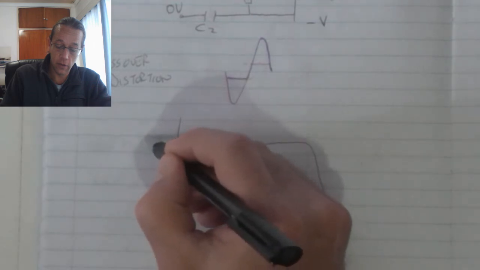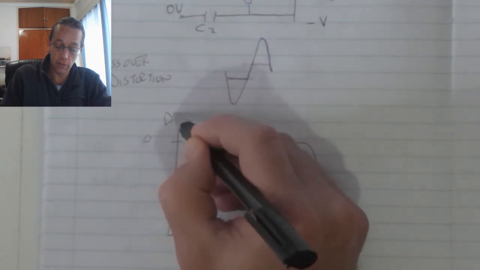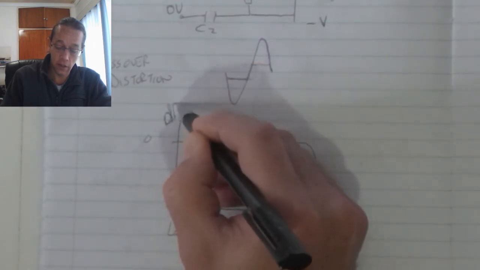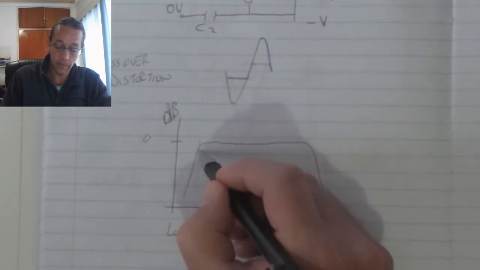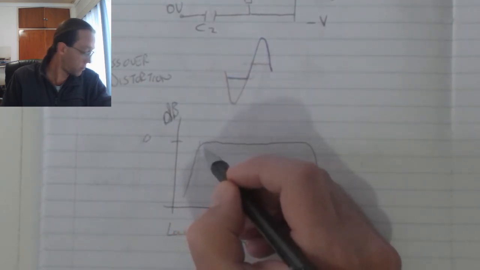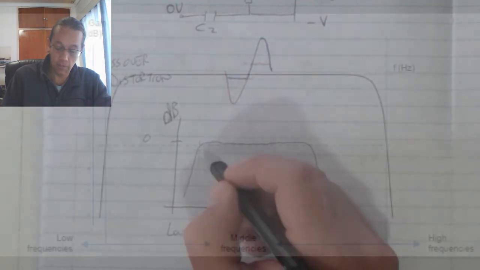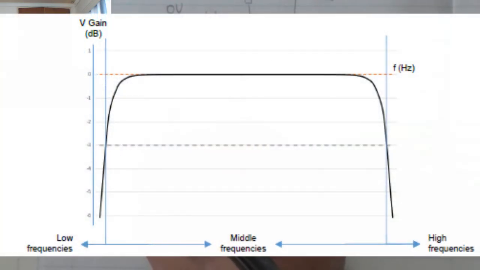That level there is 0 decibels, and that level over there is my -3 level, which is my half power.